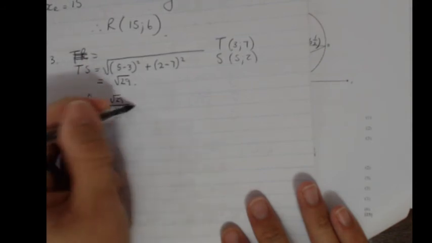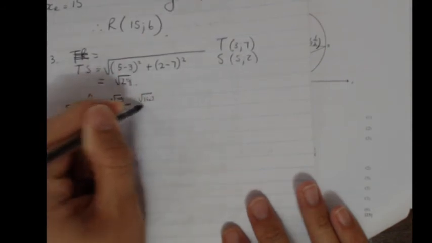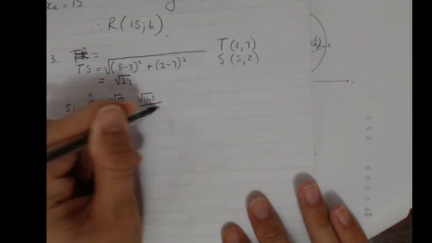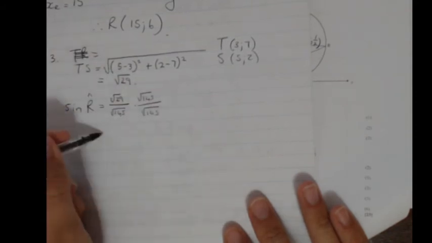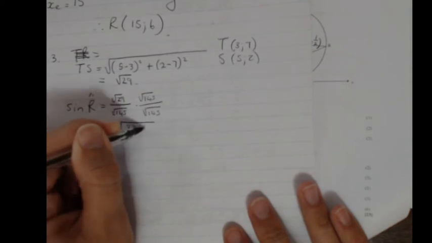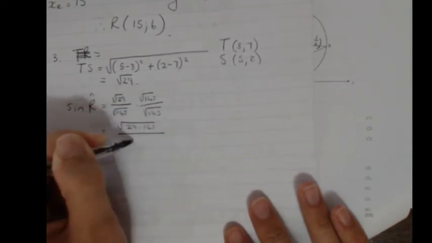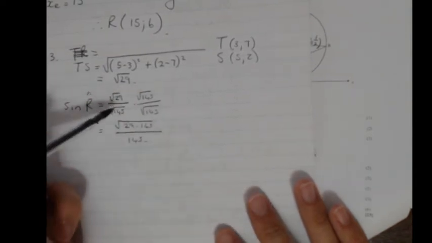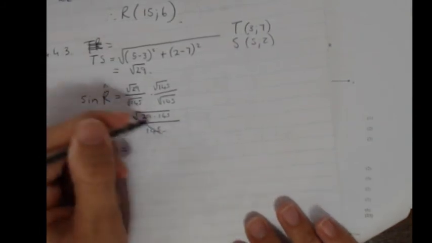And technically you don't want to leave it in root form, so you should do root 29 times root 145 over 145. But I think they don't mention here without the calculator anywhere. So instead of this, what you could also just do is type that into your calculator.